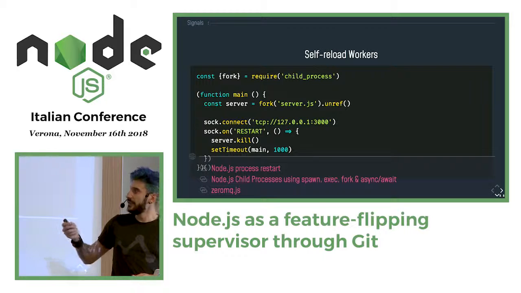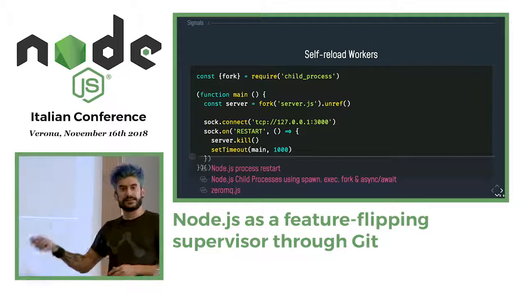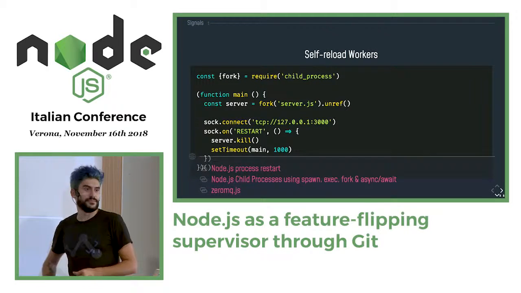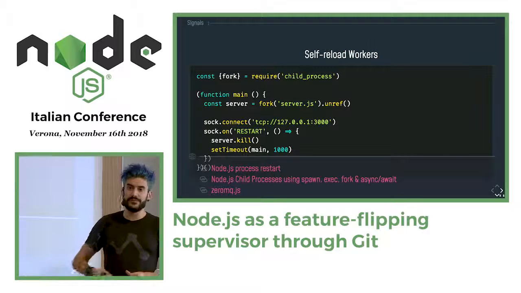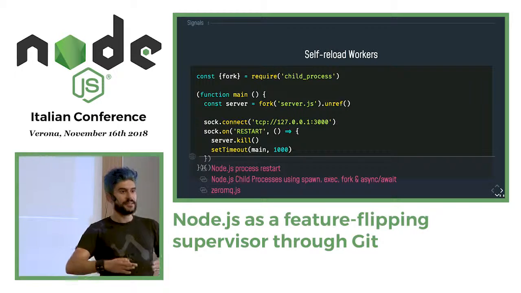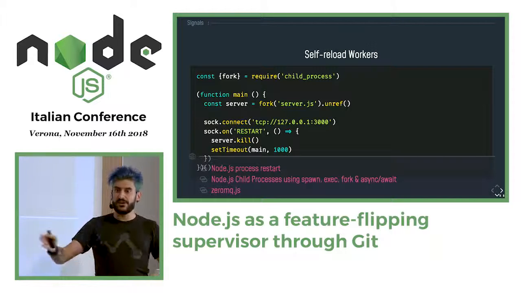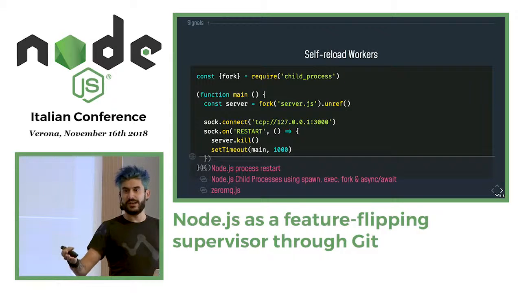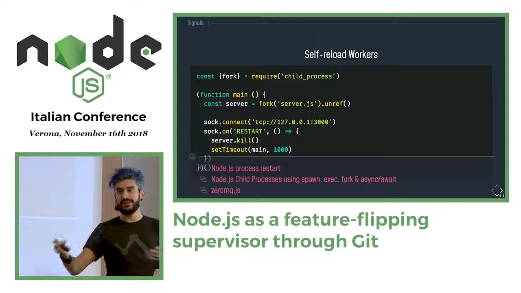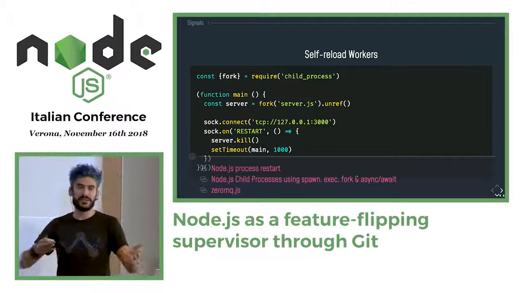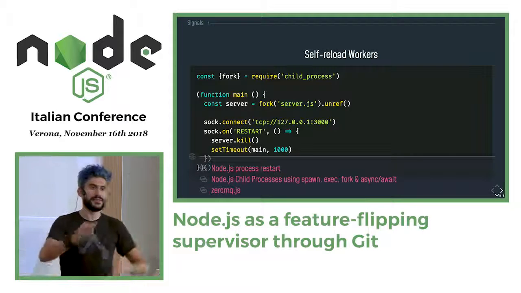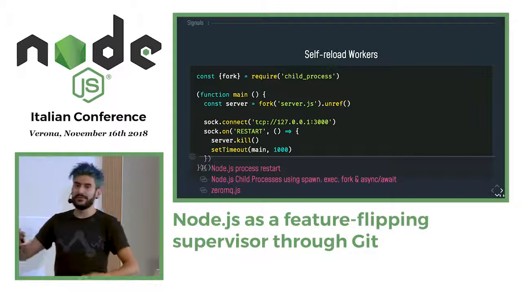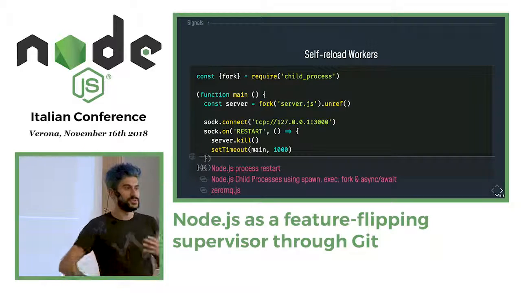When the coordinator asks for a restart, then I restart the fork and relaunch it. And if you have 10,000 workers running in production, this is not a problem because they all will receive the signal at a different point in time. So they are restarting in a queue, and finally you always have your system up and running.